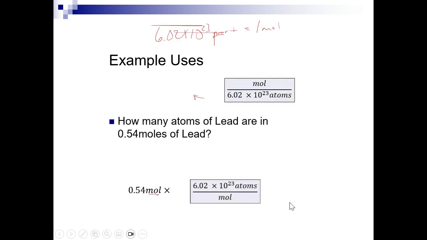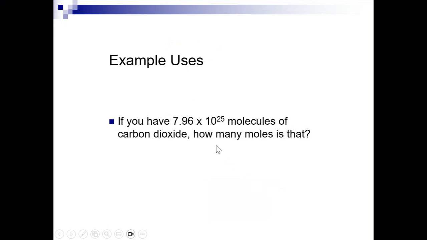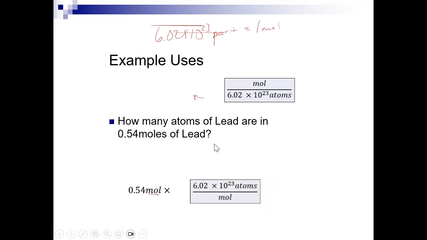So the math would be 0.54 times 6.02 times 10 to the 23rd. My calculator is a cheap four-banger.